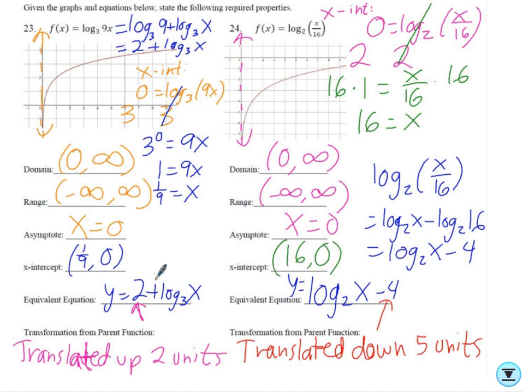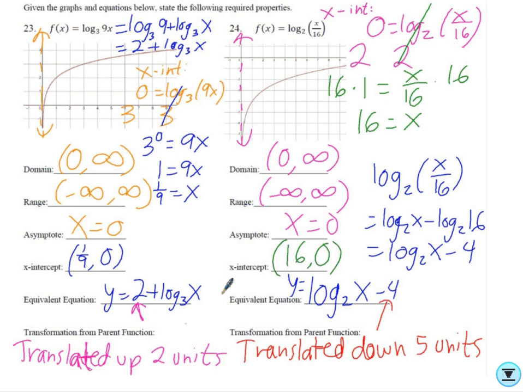If we add, we go up, as long as it's on the outside, not in the argument. And if we subtract, we go down, and that's what we're going to see in the next one, number 27. But in this case, we've added 2 to that parent function, so we are going to go up 2 units. I wrote translated, you can write shifted, but the key thing here is that it's up 2 units.